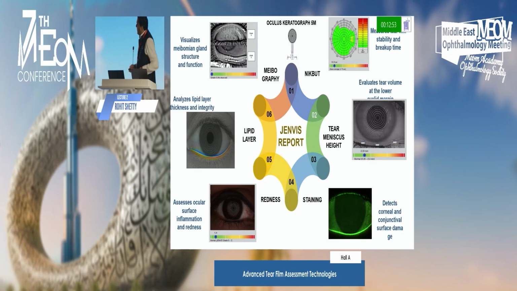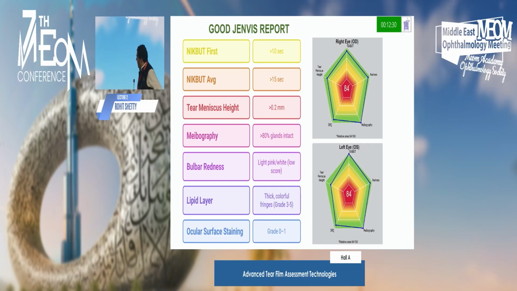Now we have some beautiful assessment from the keratograph. We call it the Genvis report, which looks at the meibography, the non-contact tear film, the lipid layer, and it gives the inflammation quotient based on redness and conjunctivochalasis, and also the tear volume. Finally, it gives you a quantification score, which is healthy here, which looks at all this.